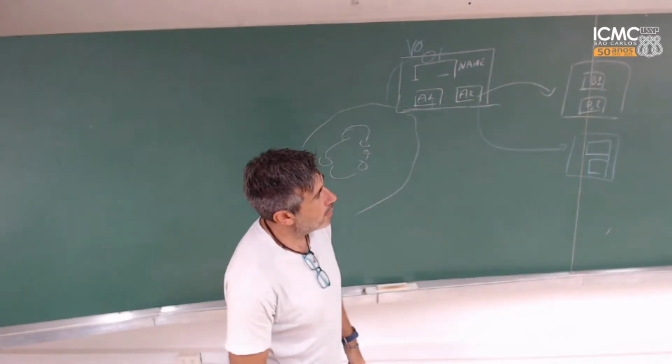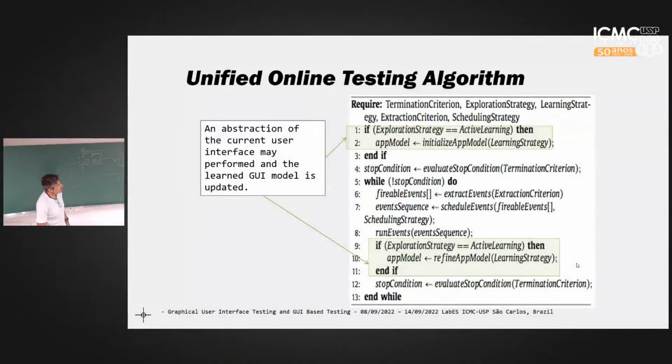Now, the abstraction: if the exploration strategy is active learning, what does active learning mean? That I build a model of the application. Okay?